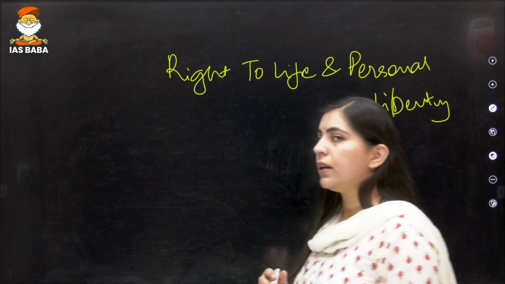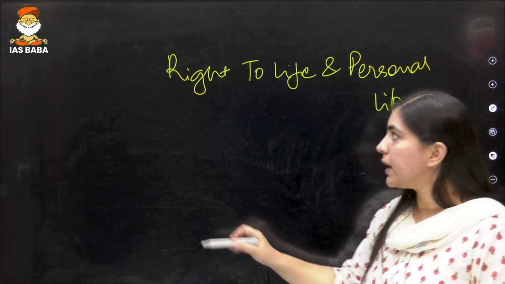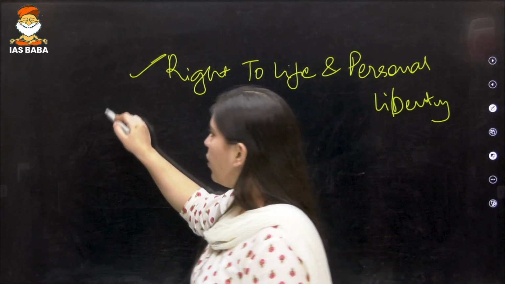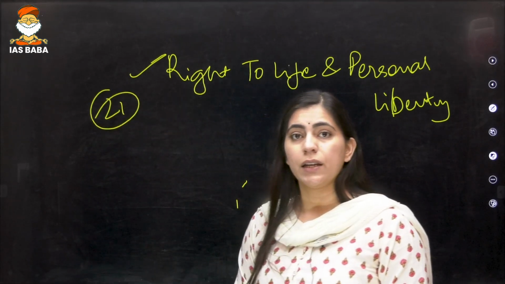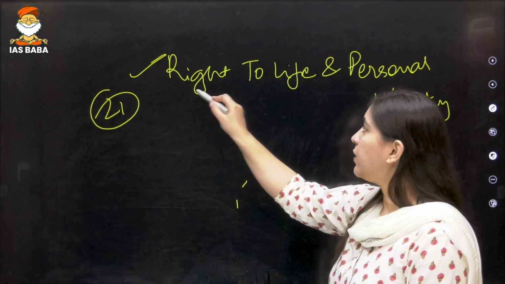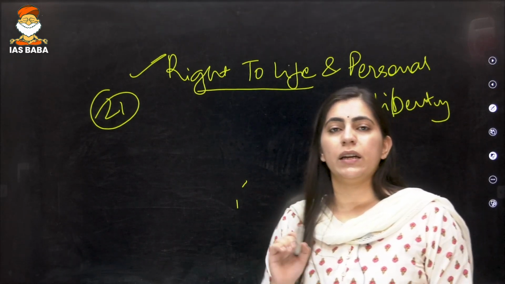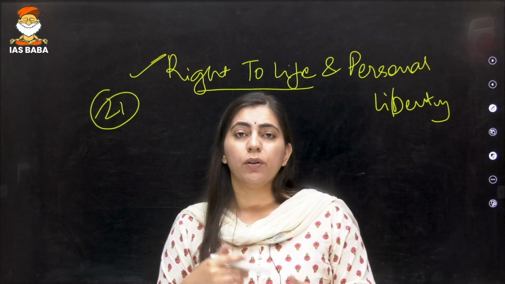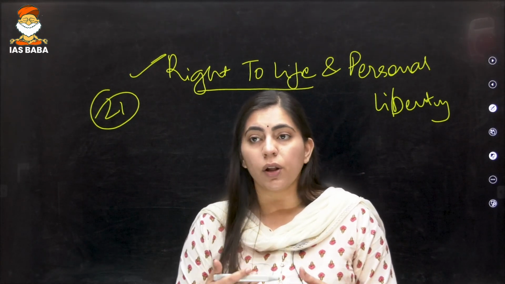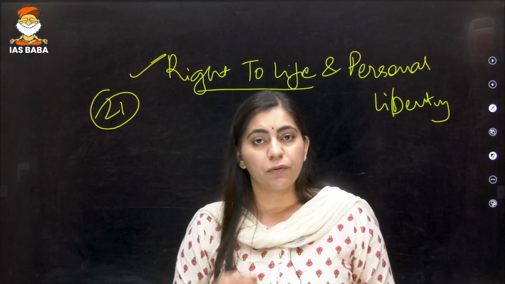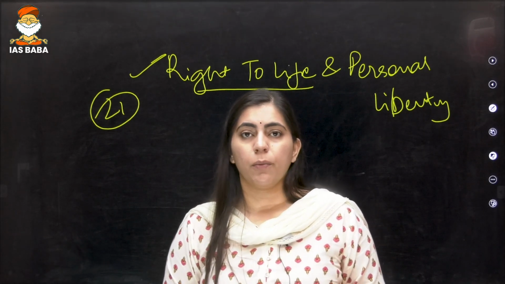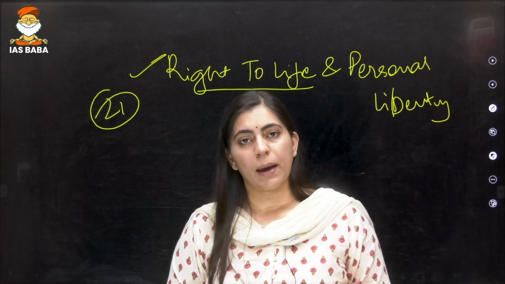After the Maneka Gandhi judgment, the Supreme Court extended and widened the scope of Article 21 of the Constitution. The Supreme Court stated that the right to life is not just the mere existence of a human being; it includes all the activities and leisures of life which make the person capable of achieving the fullest of his opportunity and capability.